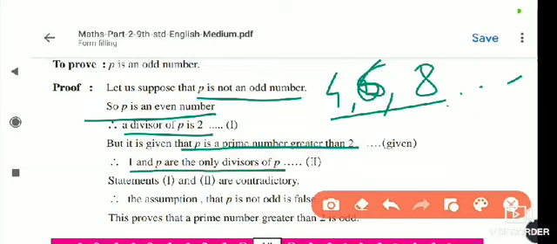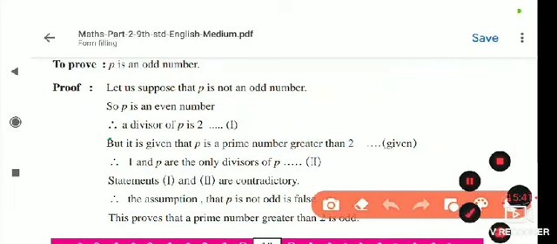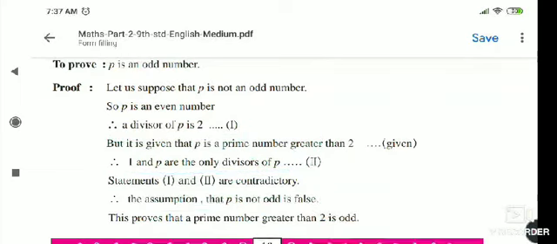But for an even number, 2 is the divisor. So here we are saying P is divisible by 2, and also that 1 and P are the only divisors of P. So these two statements are contradictory, so our assumption is wrong.